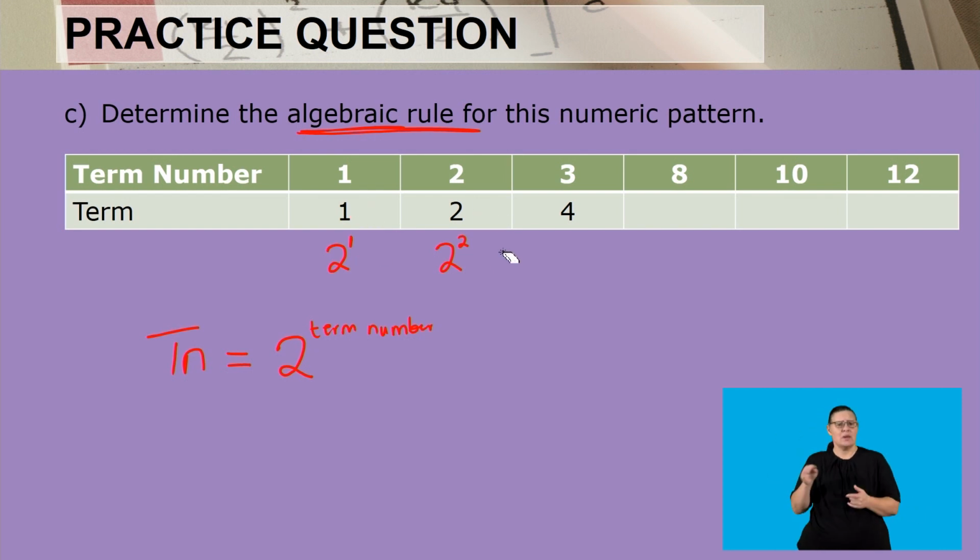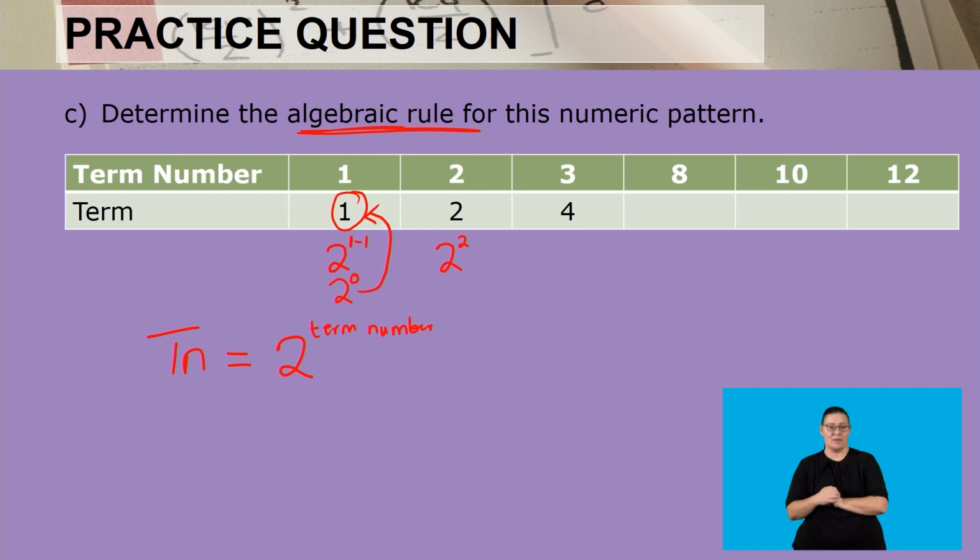Now, what do you remember from those exponent laws? We know that for us to get an answer of 1, our exponent from any number needs to be a 0. So how would we move from 1 to get a 0? We can simply just subtract by 1. We know that 1 minus 1 will give us a 2 to the exponent of 0, and that of course is a 1.